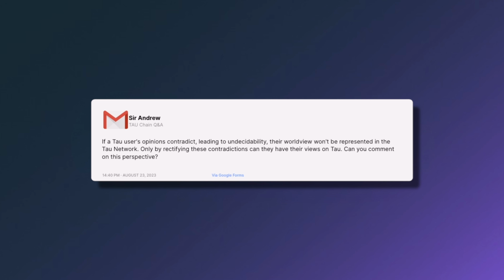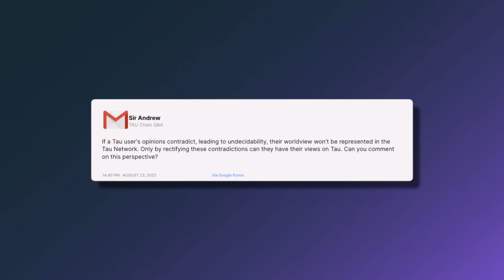But if he decides to fix his contradicting opinions, which Tau detects and points out, then he can have his worldview present on the Tau network. And this applies to all Tau users on the network. As a result, all users' Tau clients' worldviews will remain logically correct and decidable. Could you comment on this?